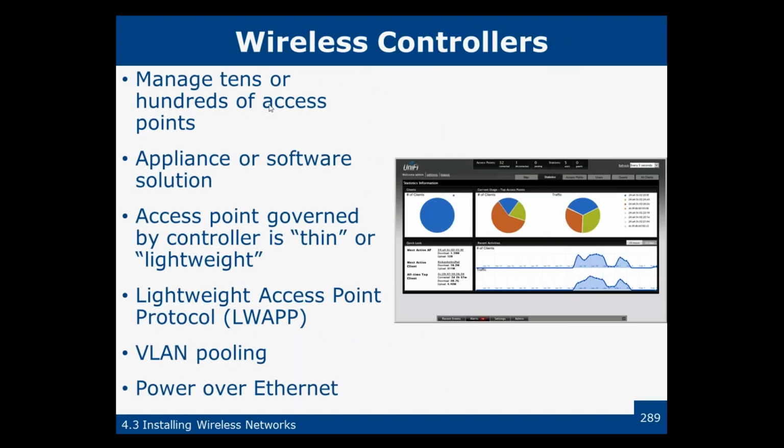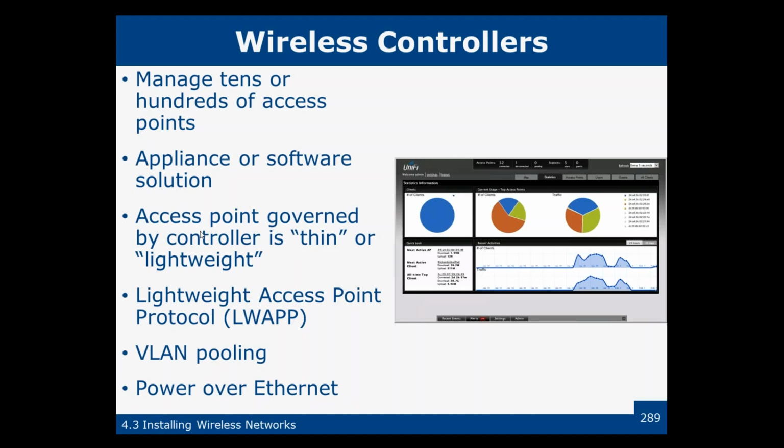Wireless controllers are wired systems, or systems that are on the wired network that have wireless access, that manage hundreds of access points. It's an appliance software solution. They configure what is called a thin or a lightweight access point.